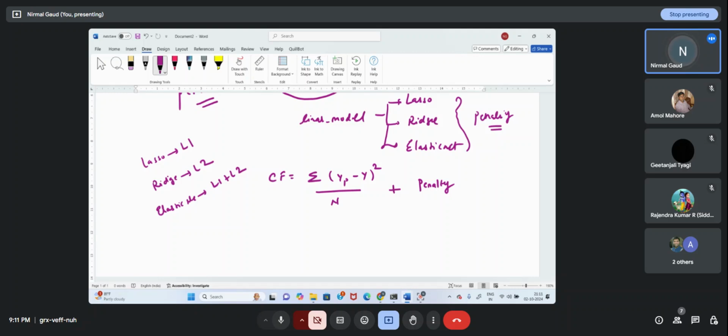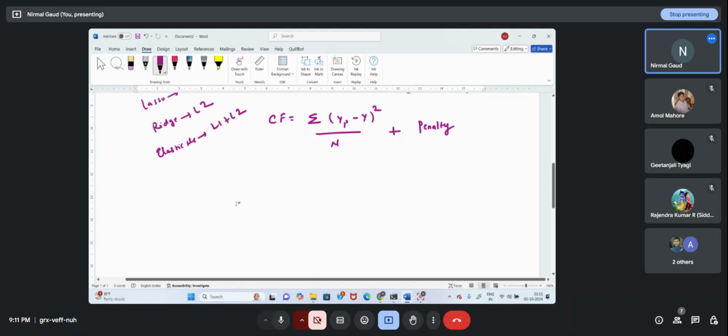So, what exactly is the penalty? See, if your model is having correlated, collinear features, because they are the responsible ones for collinear correlation, to have overfitting.